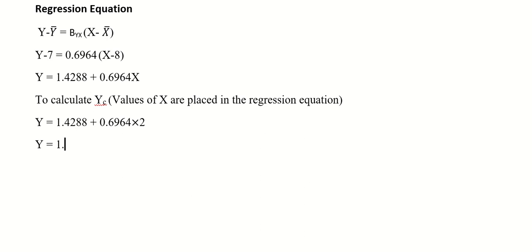Y equals 1.4288 plus 0.6964 into 2. 0.6964 into 2 is 1.3928, and once we add these two values, 1.4288 plus 1.3928, the answer we have got is 2.8216.